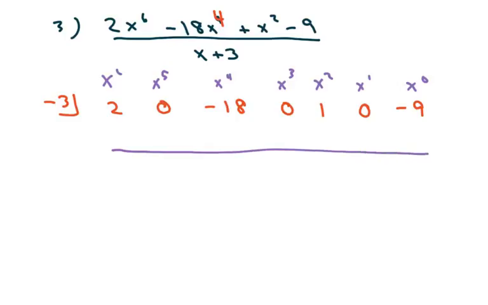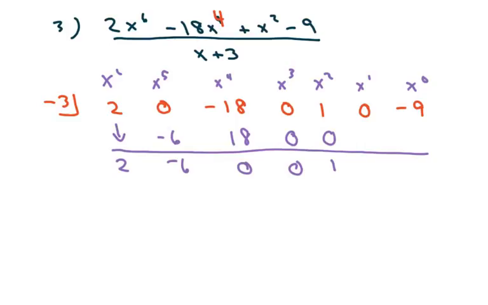And then you're just going to pull down the 2, that's the first step, and you multiply and add. And when we're going to get 2, you multiply, you get negative 6, add it, multiply, 18, 0, 0, 0, 0, 1.